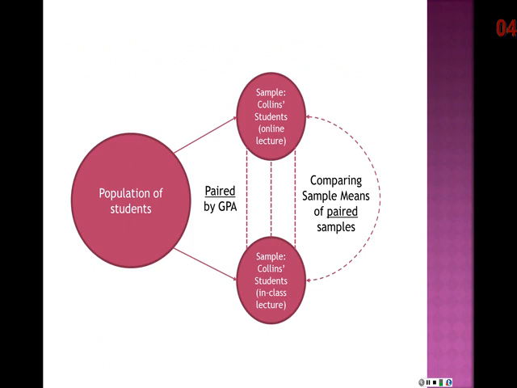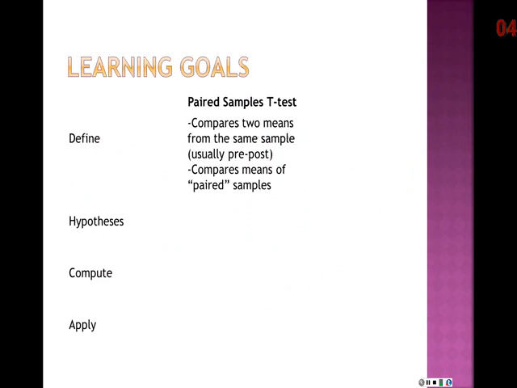So again, in a paired samples t-test, we're comparing the mean across those paired samples. Just to recap on the definition here, a paired samples t-test either compares two means from the same sample, usually pre and post, or compares means of paired samples, so people who are similar on some characteristic.